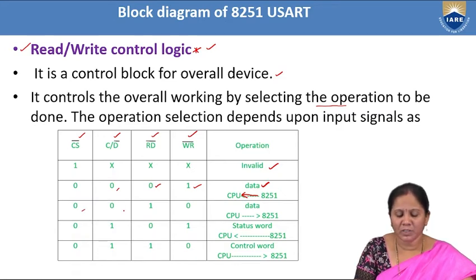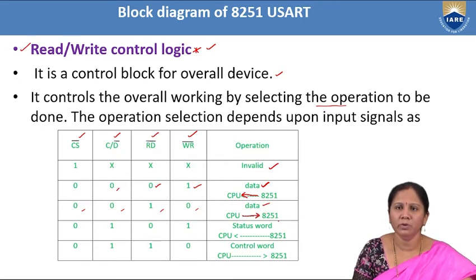The next combination is 0010. Here the CPU is going to send the data to 8251. With 0101, the status word will be transmitted from 8251 to the CPU.